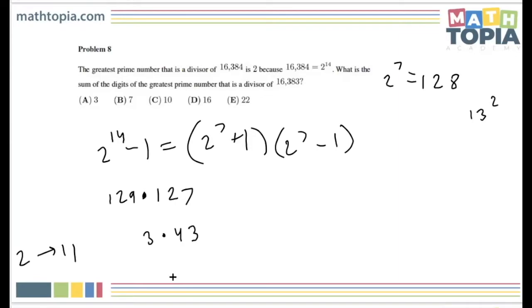We check 3, doesn't divide it either. 5 doesn't divide it. 7 also doesn't divide it. And then we get to 11, and 11 also doesn't divide it, which means that 127 is actually a prime number. So the greatest prime number that is a divisor of 16,383 is just 127. And if we add up the digits, 1, 2, and 7, we get our final answer of 10, C.